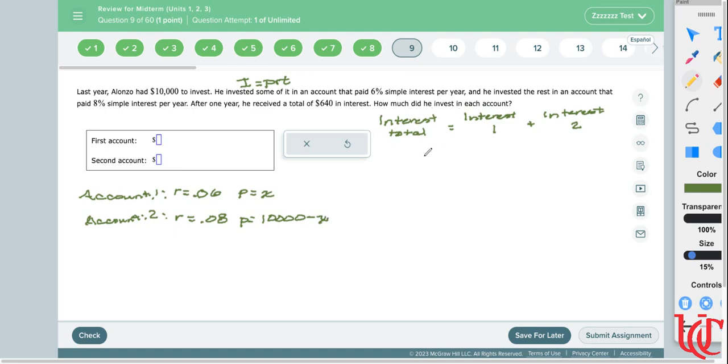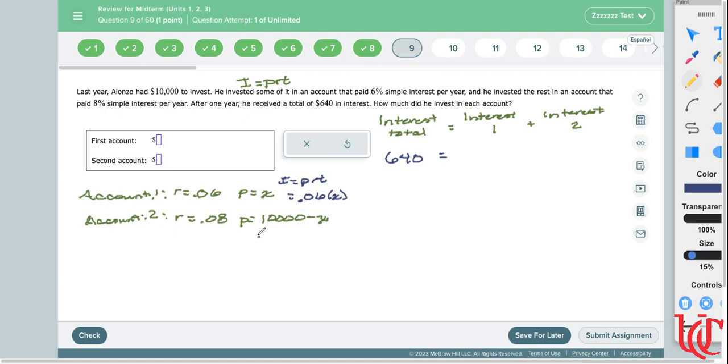All right, so when we're putting stuff into our formula, our equation that we have to solve, we know that the interest total is $640. So 640 equals, now I equals PRT. For this one, it is going to be 0.06 times X, or X times 0.06. I like the numbers first.